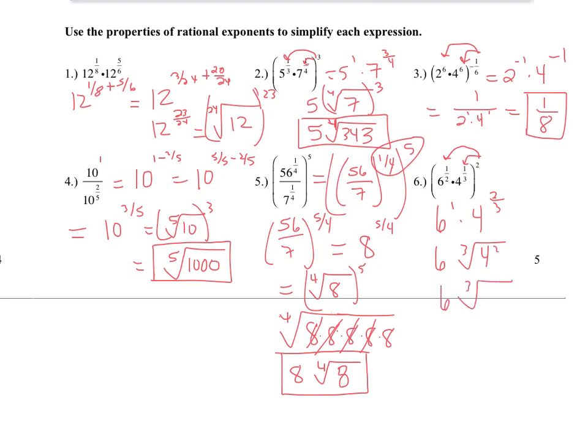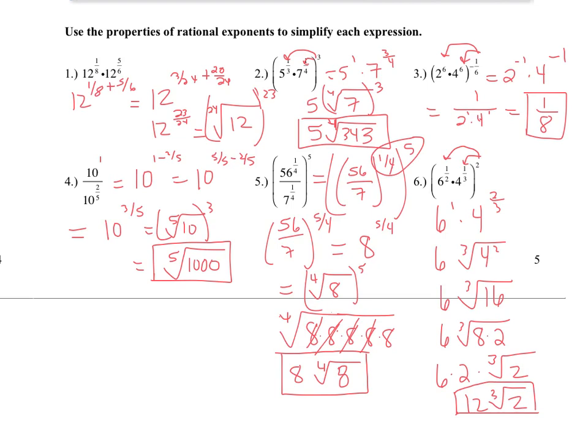So 6 times the cube root of 16. But there's actually a cube root hiding inside of the 16. There's an 8 in there. 8 is 2 cubed, so you can cube root 8 to get 2 on the outside. So you'll have 12 times the cube root of 2.